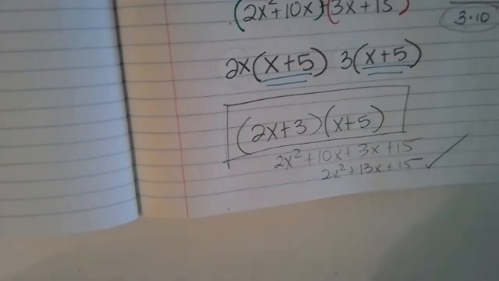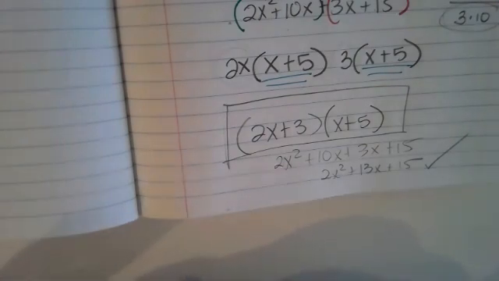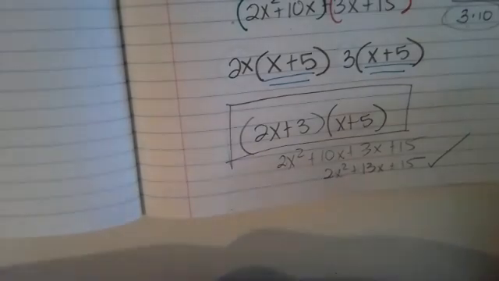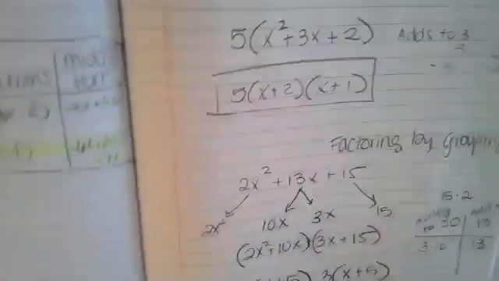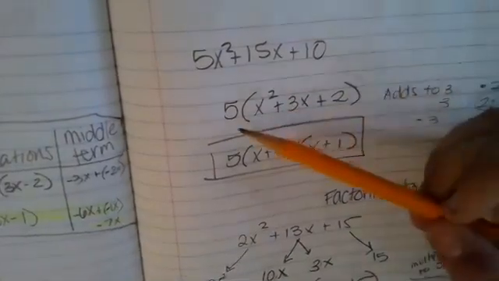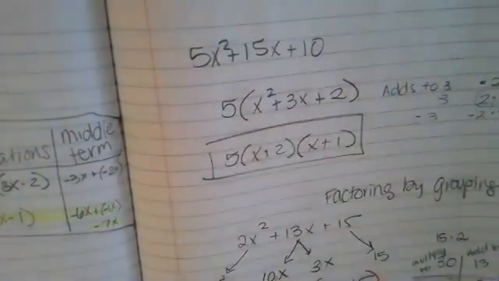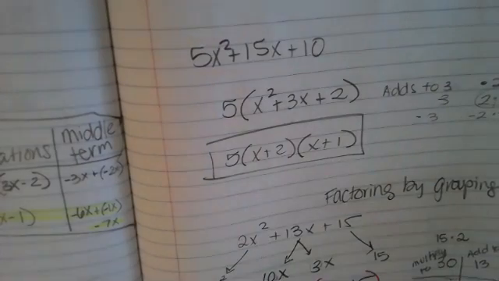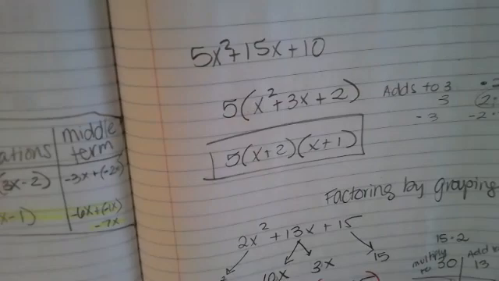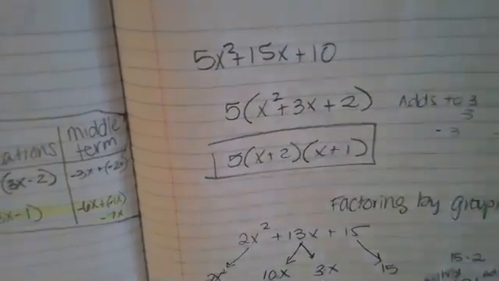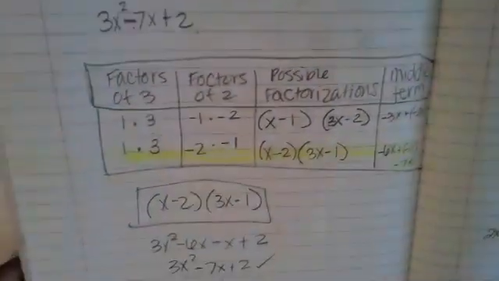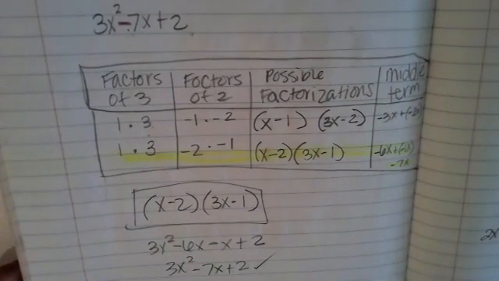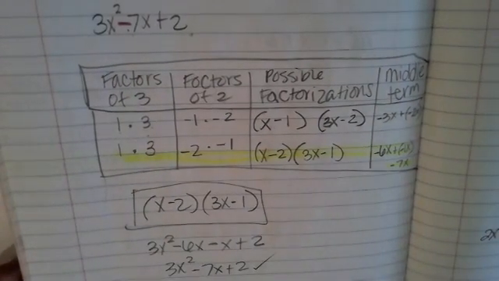So as you can see, there are a number of different ways to go about doing this, right? One of the ways we did it is by, in example 3, factoring out the GCF to begin with, and we got a to equal 1. Obviously, if that's a possibility, that is the best thing to do. The second way is to make a table, our friend the table. This is a guess and check method.